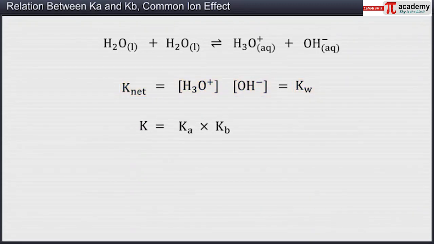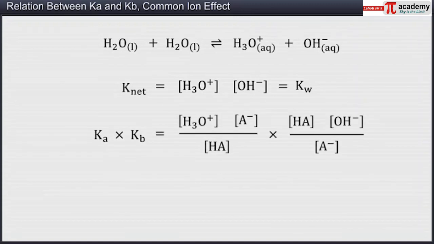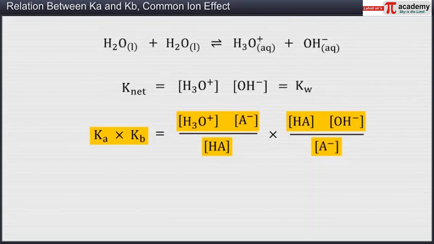Note that the equilibrium constant for the net reaction is the product of the equilibrium constants of the individual reactions. That is, the product of Ka and Kb is equal to the product of concentration of H3O plus and A minus divided by concentration of HA multiplied by the product of concentration of HA and OH minus divided by A minus.